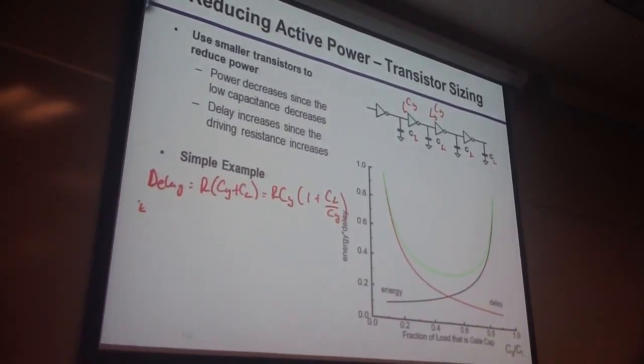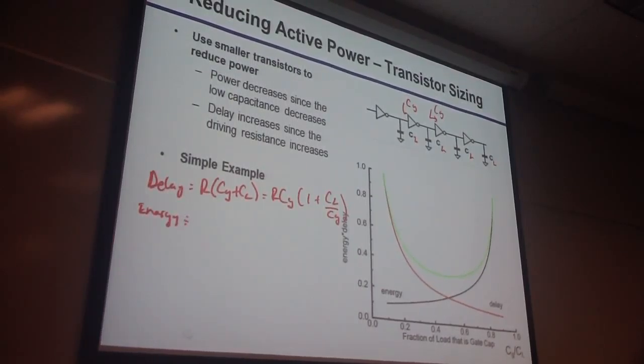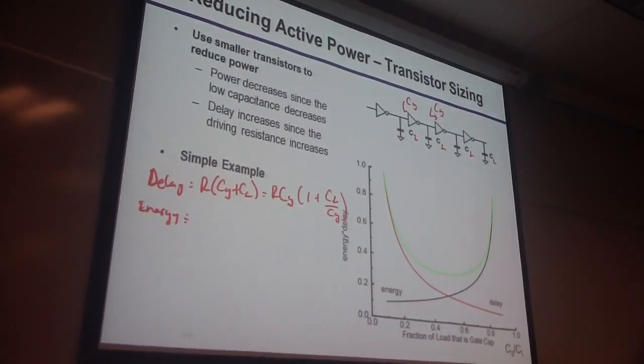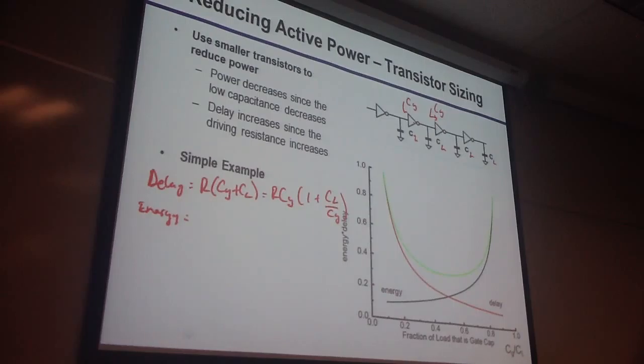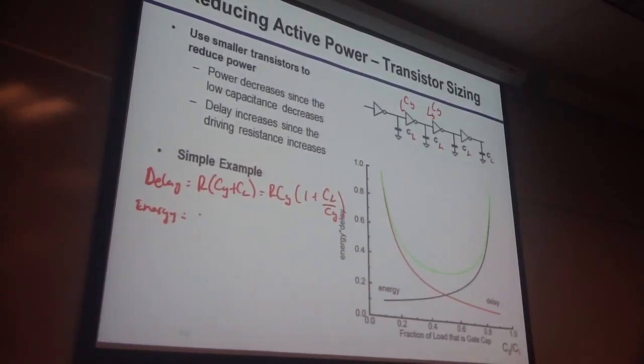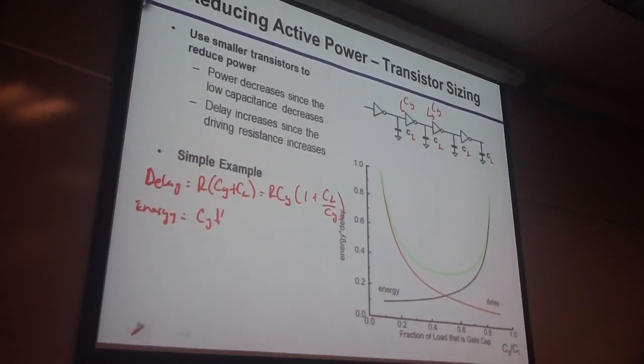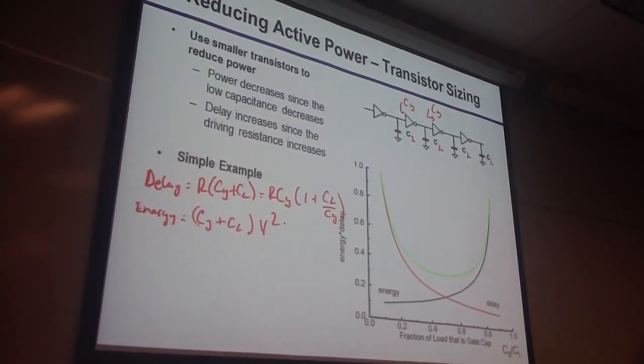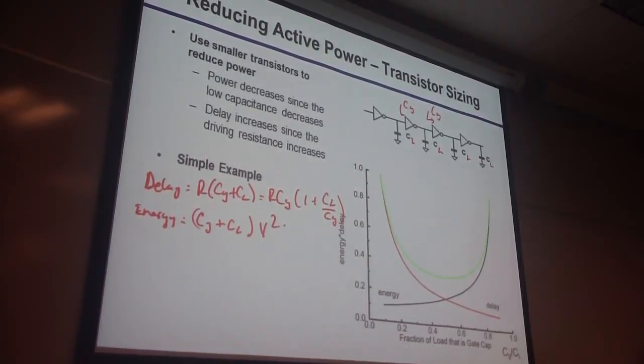And energy is what? Energy of this guy is CL V squared.